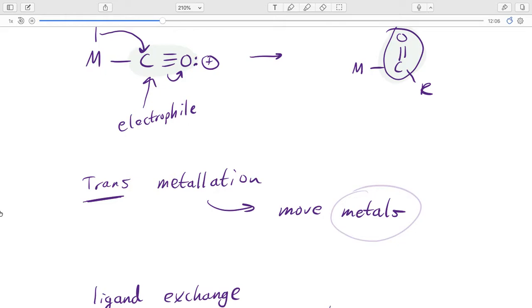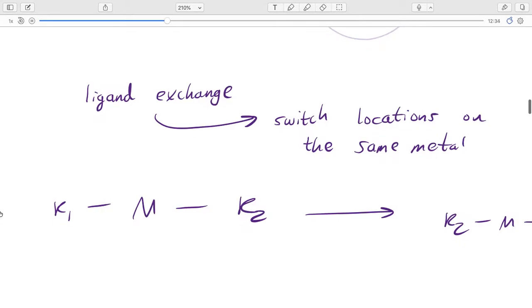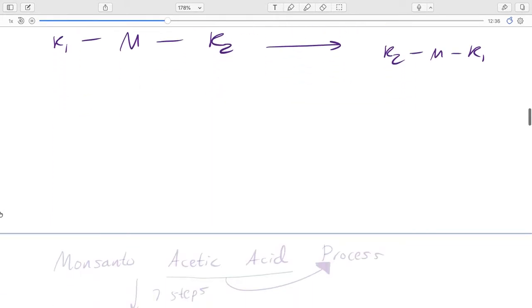So say we have a metal with R1 and R2, and through a series of reactions it becomes R2 and R1. It's not just one step, it's going to require a lot of in-between steps, most likely through the CO insertion, reduction, elimination, hydride elimination, migratory insertion, etc.